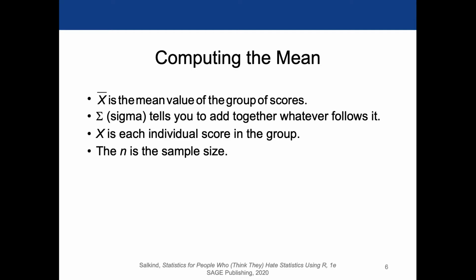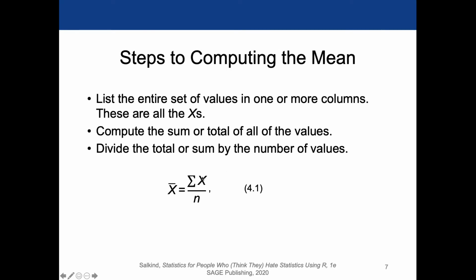So the list that follows sigma in this formula here is a bunch of values of x. So I have one value of agreeableness after taking a personality test and getting a score. You have a value of agreeableness. Your friend has a different value, and so on and so forth. All these people, 100 people that we gathered data on, they all have different values of x here. So sigma is saying add up all of those different values of this variable.